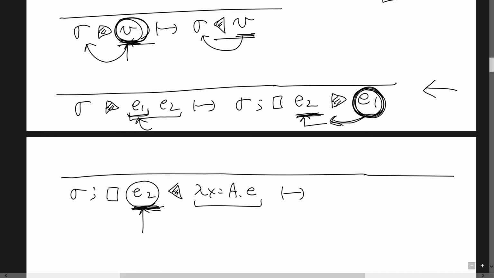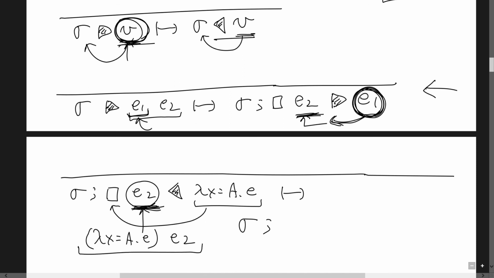Then the question is, what is the next frame? We have to remember the fact that we had some expression like this one, because this one is going to fill this hole. So it's as good as having this lambda application, and we are going to analyze expression E2. So the next frame is this one.